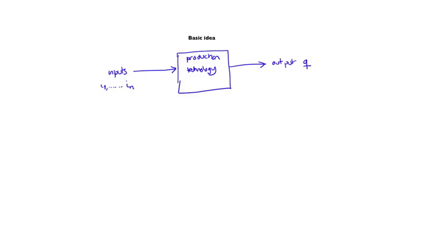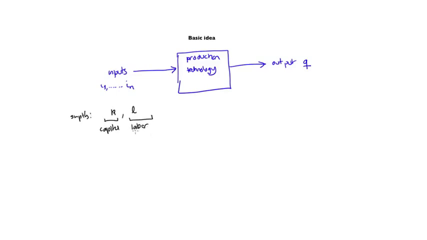Now, in general models in economics, there are many different types of inputs: capital of different types, machines of different types, labor of different types, land, etc. For the purposes of this course, as a simplification, we're going to think of there being only two types of inputs, K and L. K denotes capital, and L denotes labor.